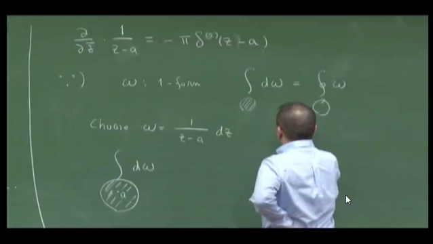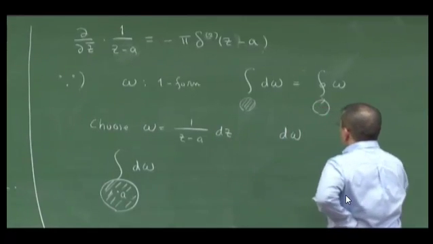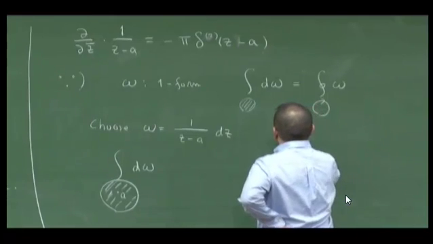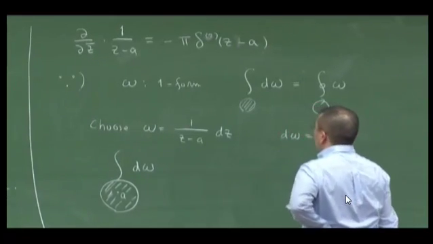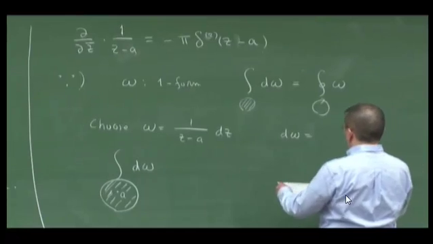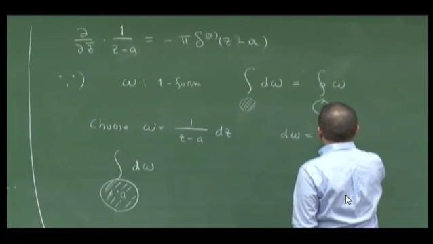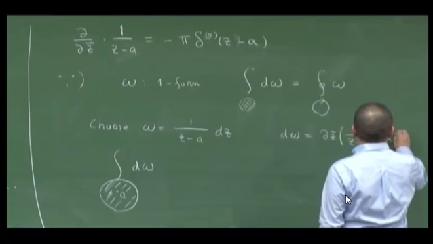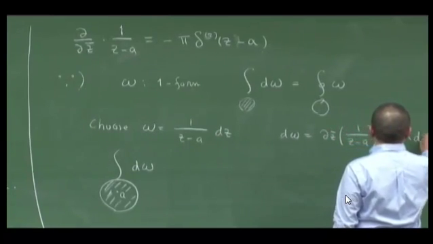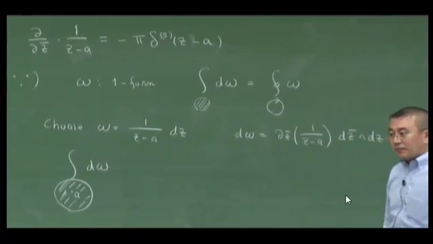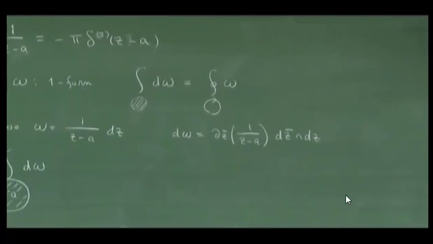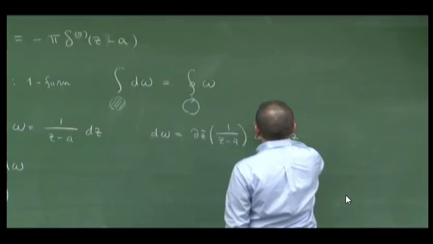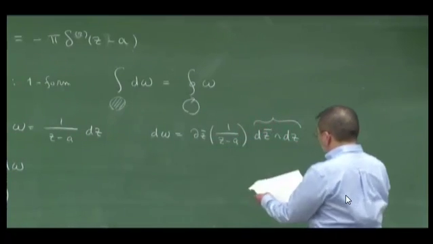D of omega, since we already have dz, is equal to del z bar of 1 over z minus a times dz bar wedge dz. However, what is this dz bar wedge dz?